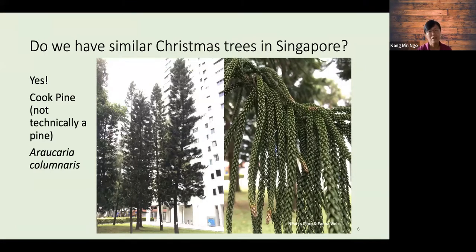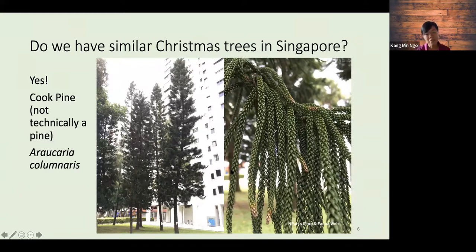It's been planted in some parks, for example, Kent Ridge Park. This is a gymnosperm. It has needle-like leaves, but a little bit broader than the Norway spruce. And you can see that it has this Christmas tree structure. It grows just like a Christmas tree.